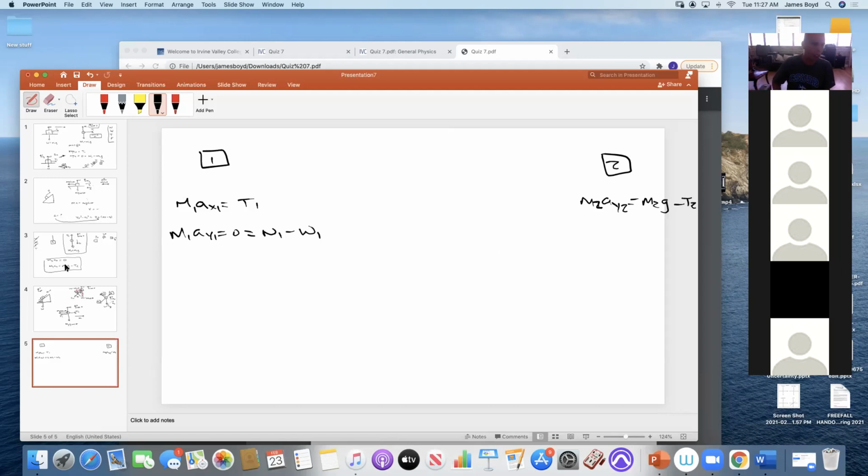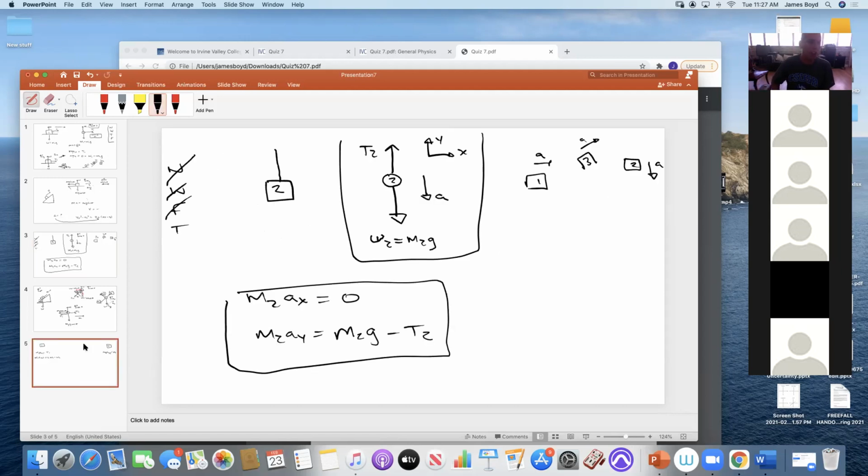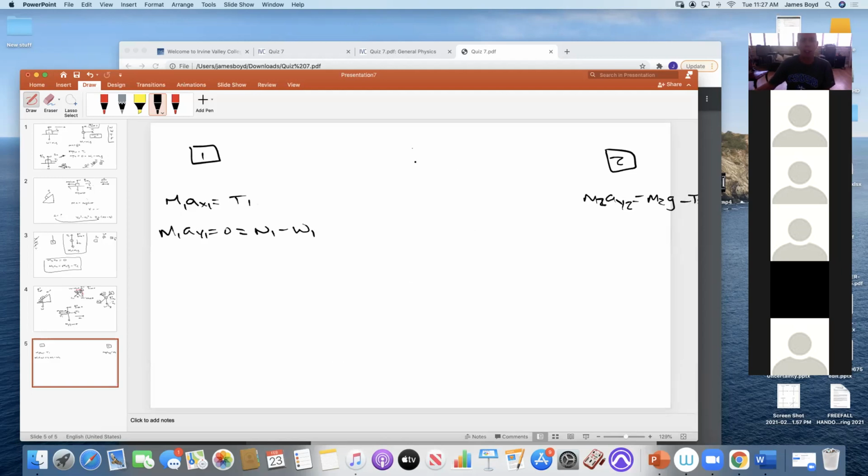Yeah, okay. And then finally for 3, I have M3A3X, M3A3Y. This was N3 minus M3G cos theta. And this was T2 minus T1 minus M3G sine theta.